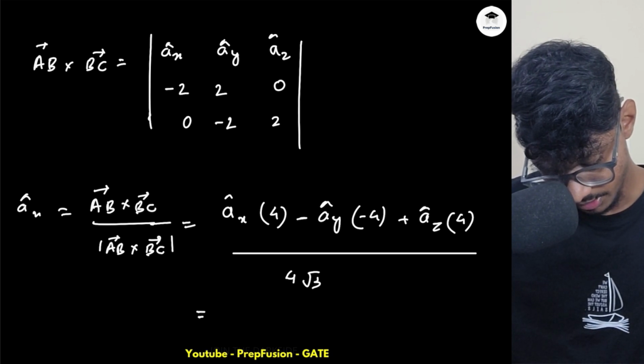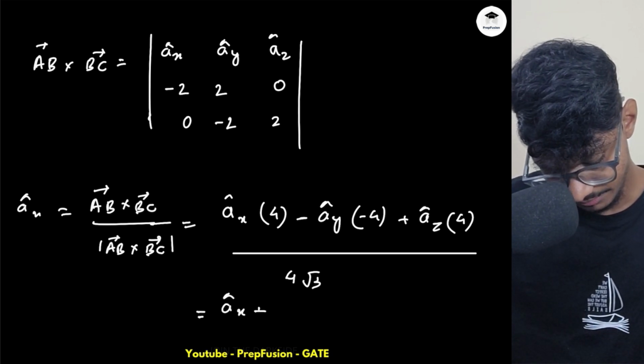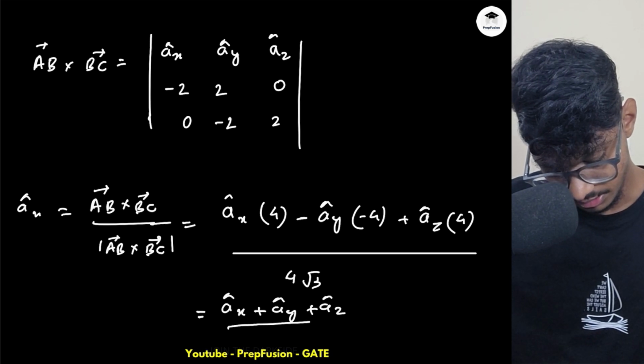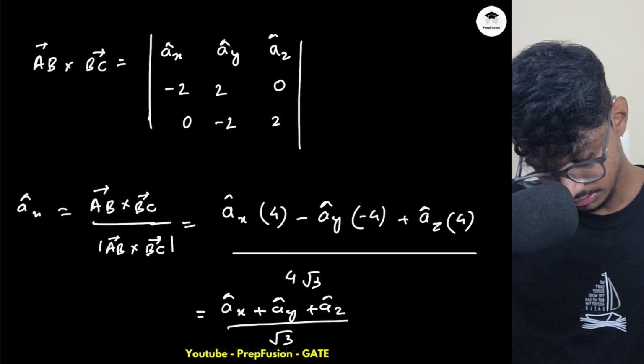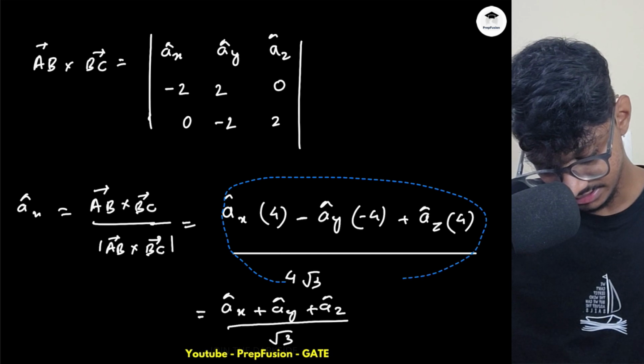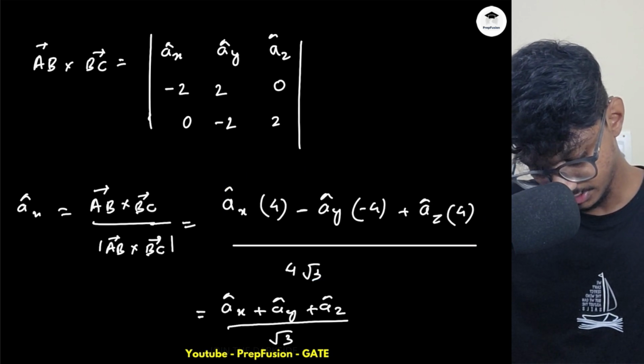So this will come out to be AX cap plus AY cap plus AZ cap divided by root 3. Now isn't this the same expression that we derived previously as well, right?